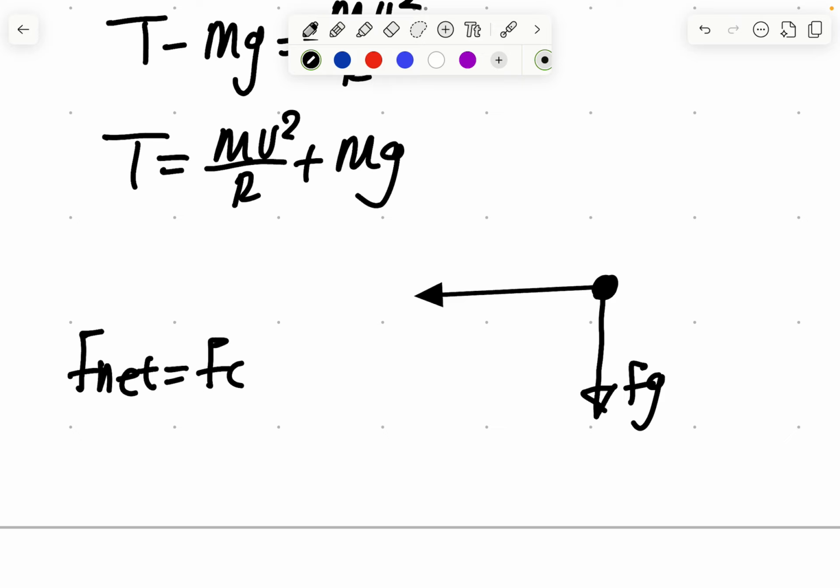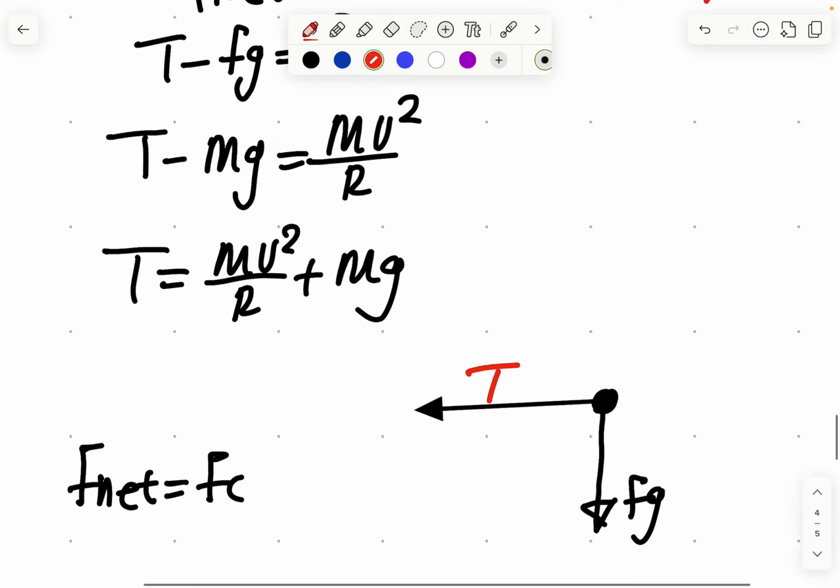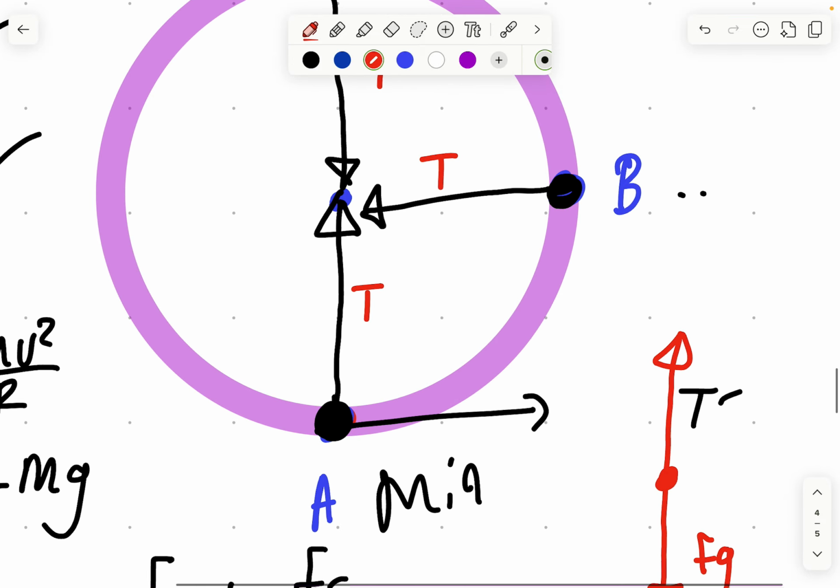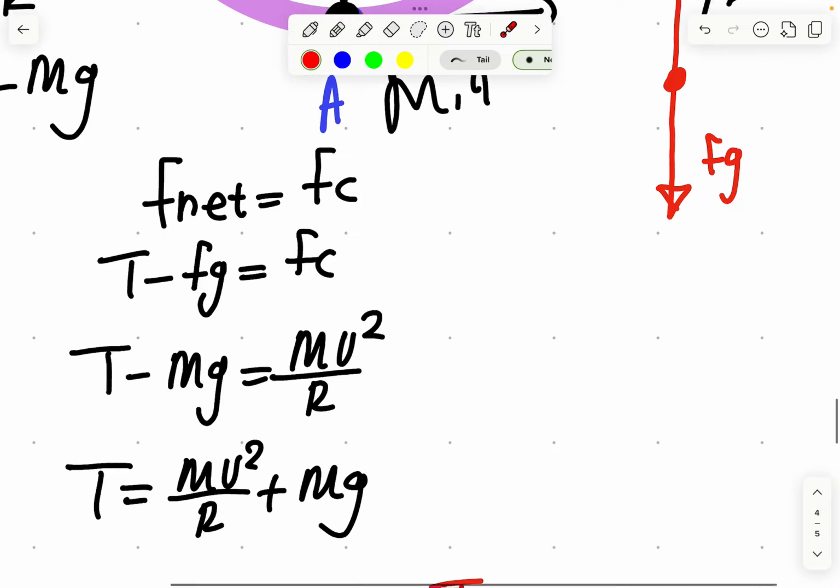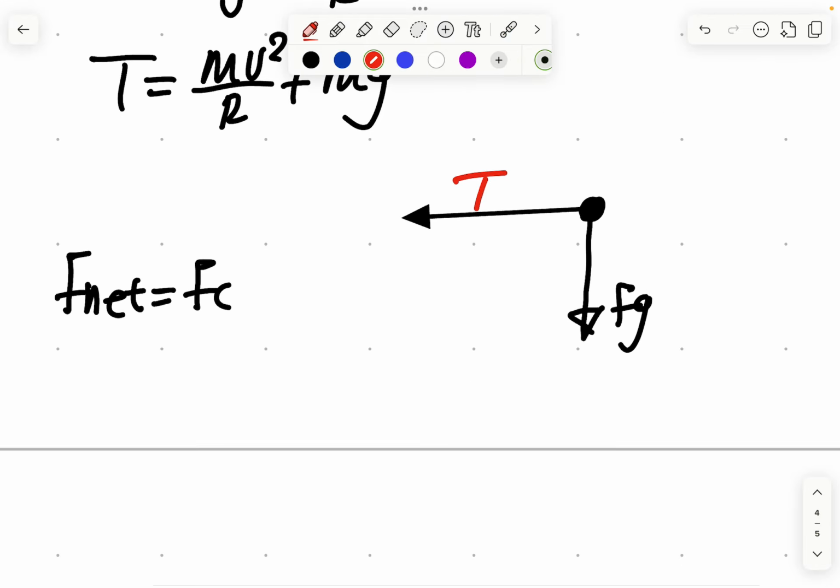We are choosing the forces going to the origin of the circle as positive. That tension is going to the origin of the circle. We take the force going to the origin as positive and subtract the force going away from it. We don't have a force going outward at this moment, so we have tension only. Meaning tension equals mv squared divided by r.